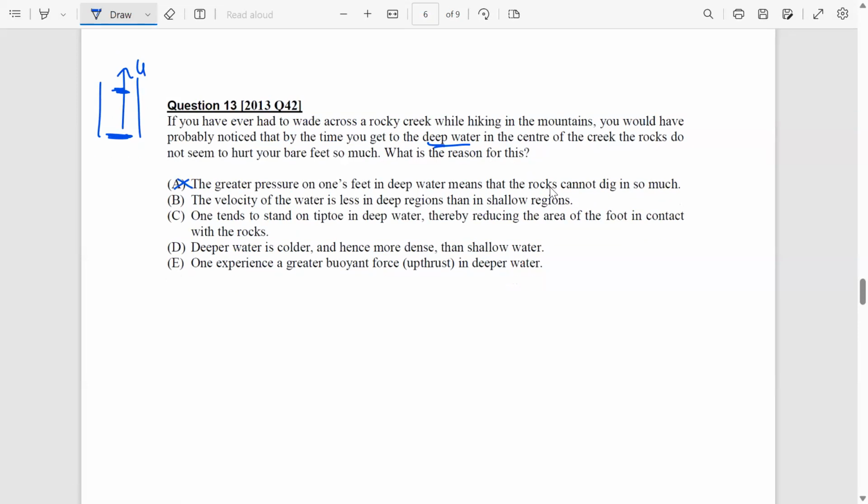B: the velocity of water in deep region is less. It's less in deep region, but that's not going to affect much. C: one tends to stand in deep water. If you reduce the area, the pressure is going to be larger.